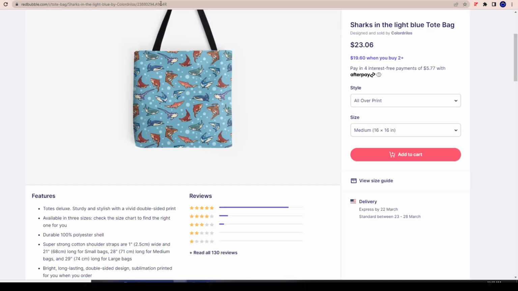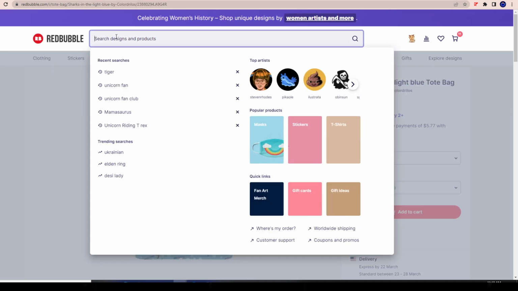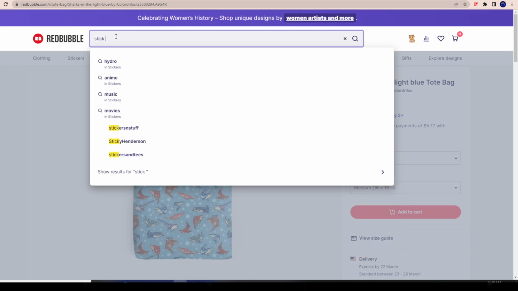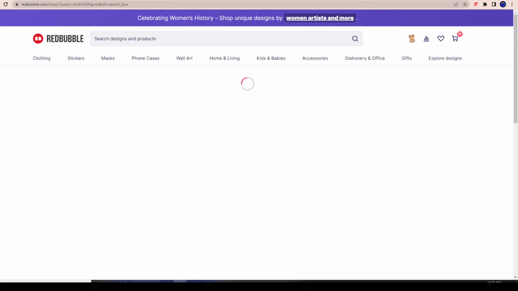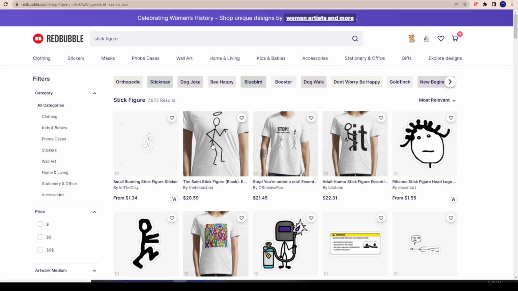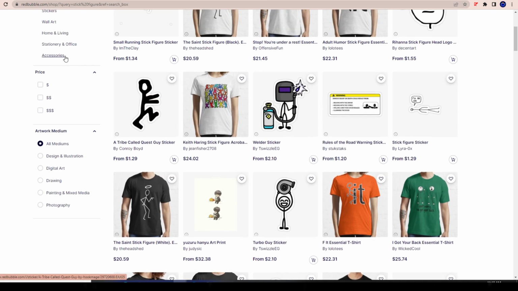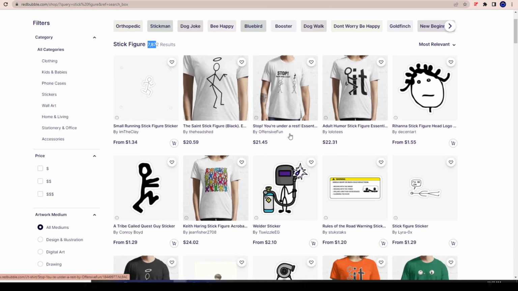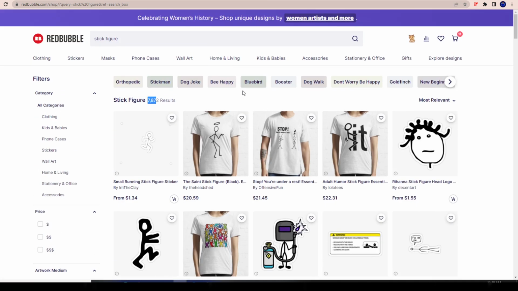So based on the given results, this is how the search algorithm will work: it will search for stick figure, and it will see that all 7,000 plus designs have certain tags. What are the most prevalent tags for the specific keyword?